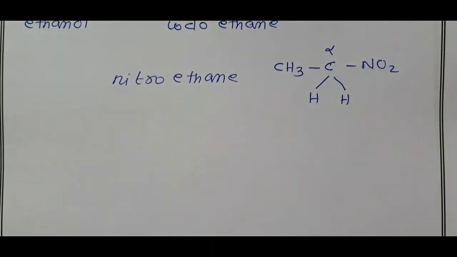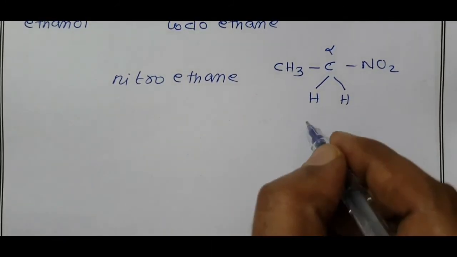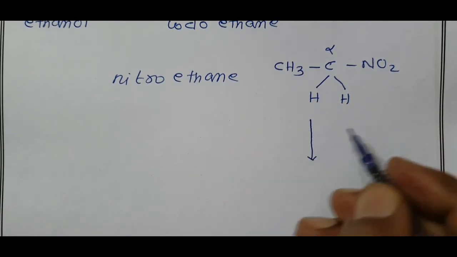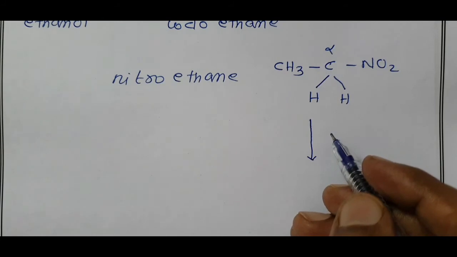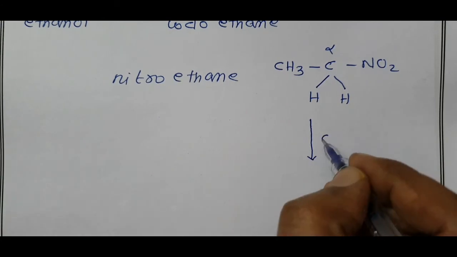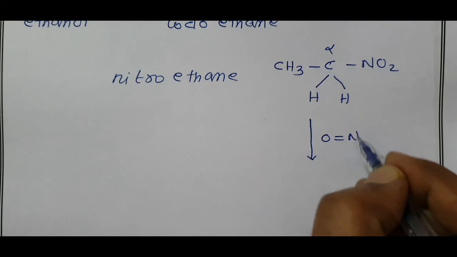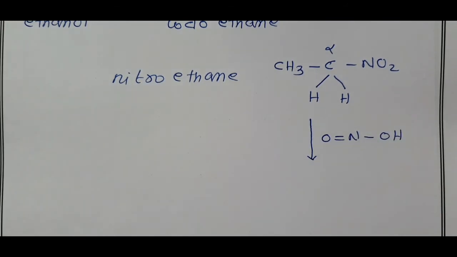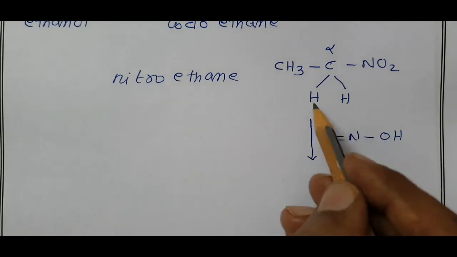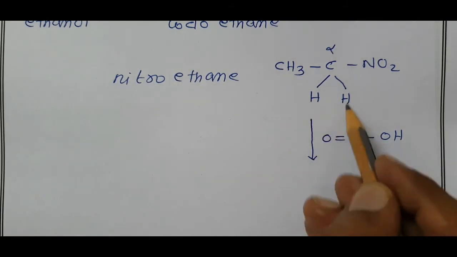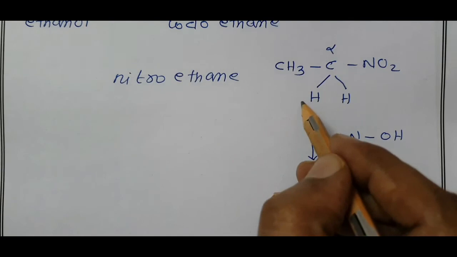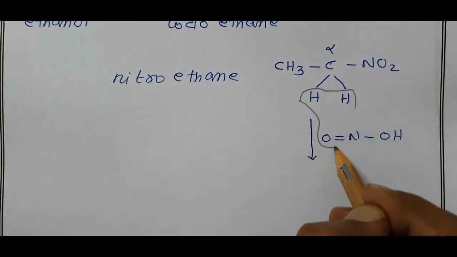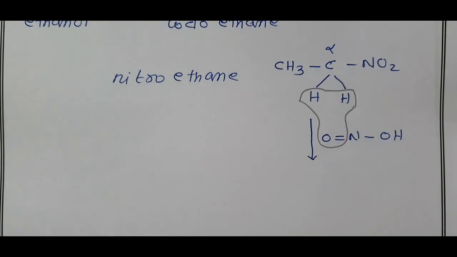Because the alpha carbon contains two alpha hydrogens, these alpha hydrogens undergo reaction with nitrous acid. Nitrous acid molecular formula HNO2, O double bond N, OH. This is nitrous acid. Which one is removed? A water molecule is removed. How? Because of two hydrogens, these two hydrogens remove one oxygen, H plus, O2 minus removed as H2O.